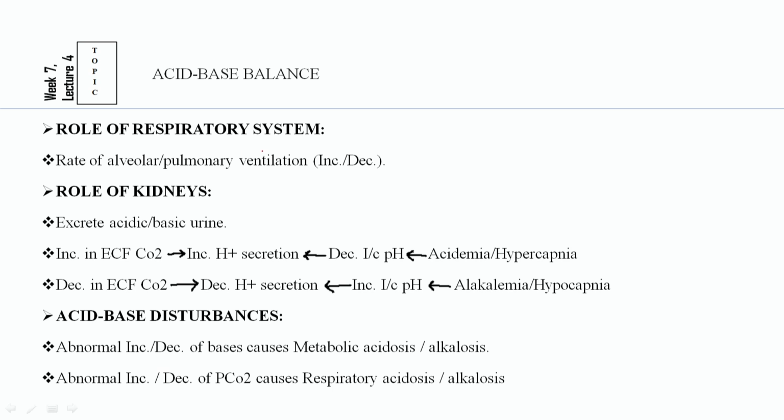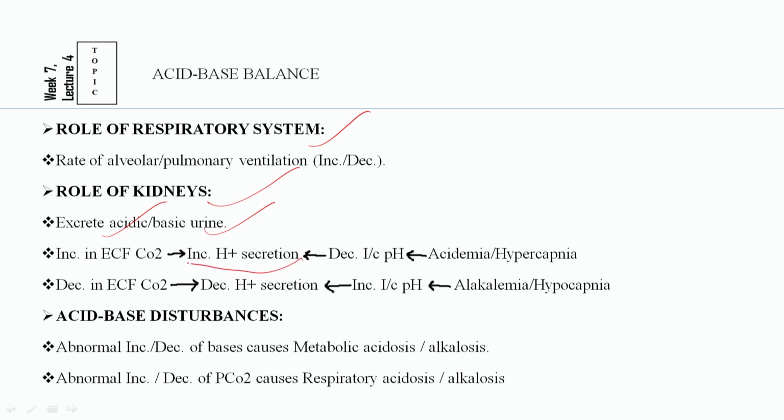Now the next is the respiratory system. Respiratory system, I already told, can perform its function by either increasing or decreasing the ventilation. That means hyperventilation or hypoventilation. Whereas the kidney does it by simply excreting basic urine or acidic urine, by H plus or HCO3 minus, right?